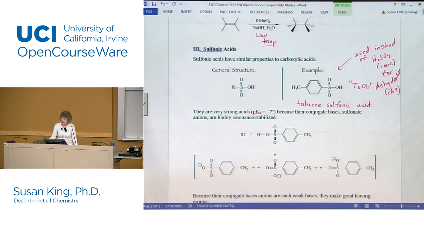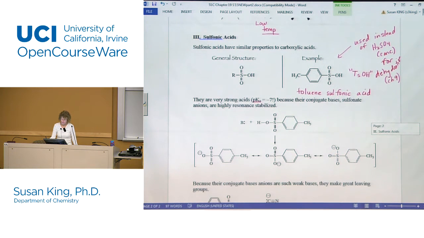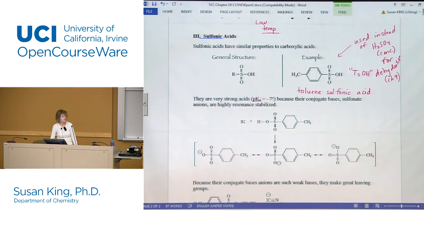These guys actually have similar properties to carboxylic acids, but are much, much more acidic. Carboxylic acids have pKa's of about 5. These have pKa's around -7. The reason that they're so acidic is that their conjugate bases are very highly resonance stabilized. When you remove this acidic hydrogen with the carboxylic acid, you can delocalize the electrons onto 2 oxygens.